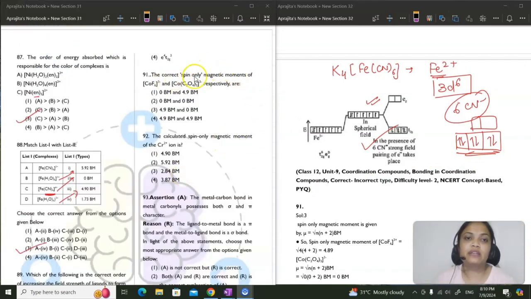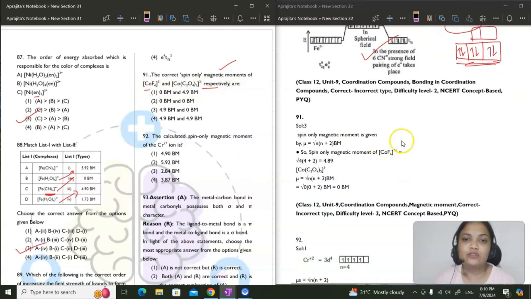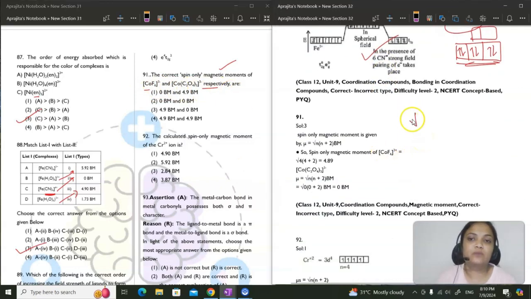Next question number 91. The correct spin only magnetic moments of [CoF6]3- and [Co(C2O4)3]3- are what we have to calculate. So again, magnetic moment is given by the formula square root of n into n plus 2. So you need to find out the number of unpaired electrons in the complex.